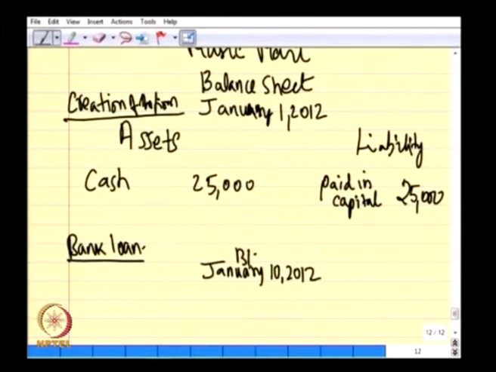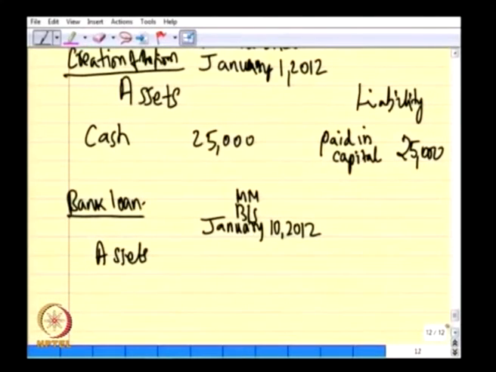So, you will have balance sheet, you will have Music Mart here, assets, cash. Now, I borrowed 12,500, which means the cash that I have now will be 37,500.